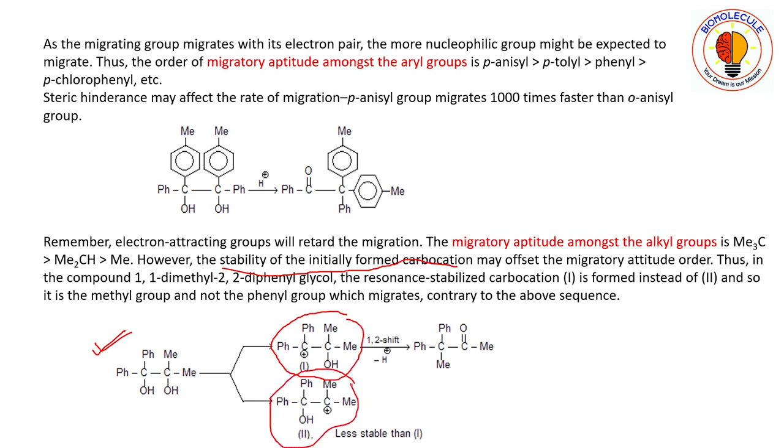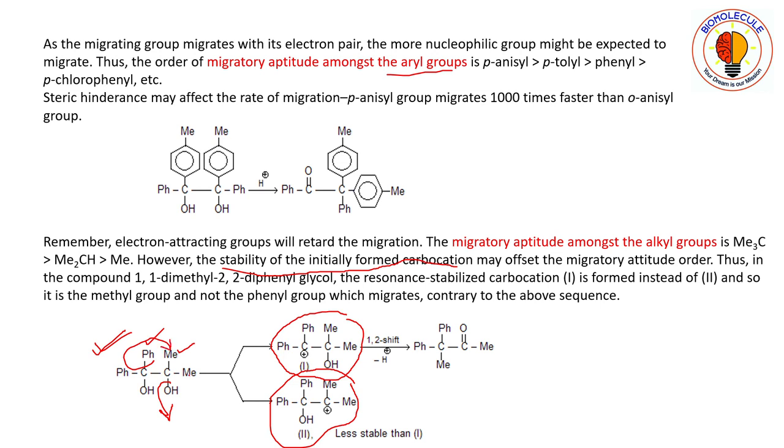We know that phenyl has a greater migratory aptitude as compared to methyl. The migratory aptitude of the aryl group is more than this methyl. So we should consider that this OH will leave and this phenyl will migrate.